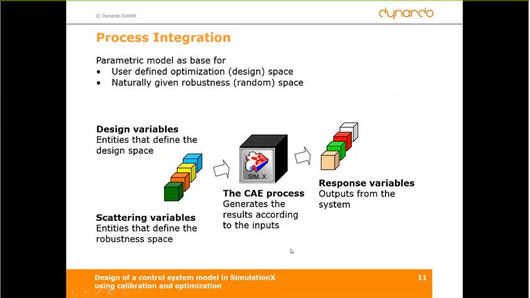We do not need to know what's going on inside the simulation model. For optiSLang, this is only a black box. After running the simulation model with modified parameters, we can extract several response values. So the first step of the process integration is to define modifiable design variables and response variables, which have to be extracted.